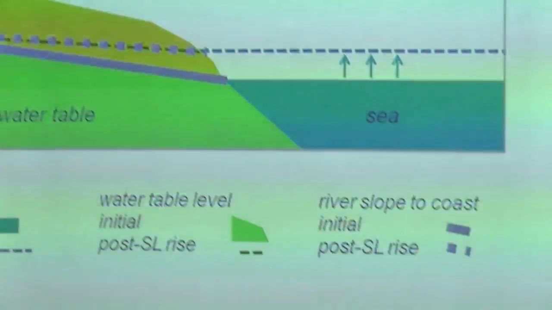This is one very significant change that you get with sea level rise, and it can go quite far inland. Similarly, our rivers slope down across the plains towards the level of the sea. If we increase the level of the sea, our river channels and our river water levels respond, and they are raised up to match your new higher sea level.